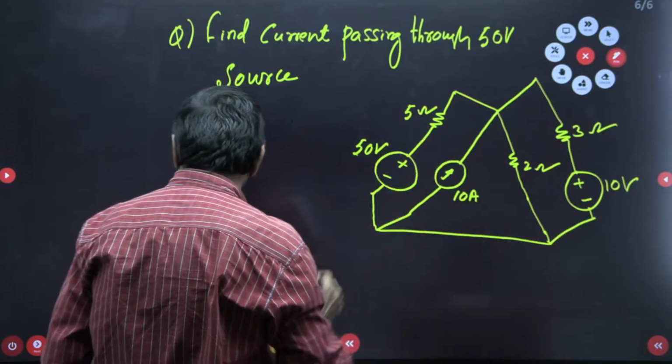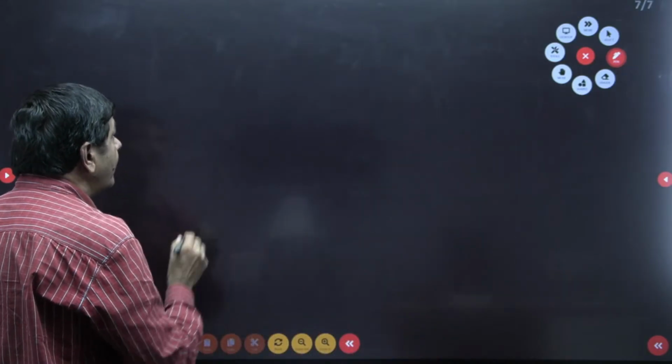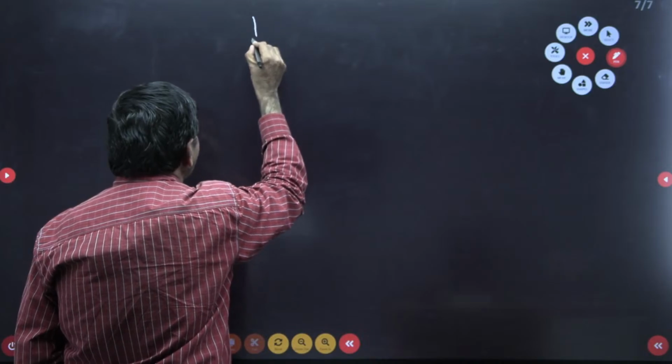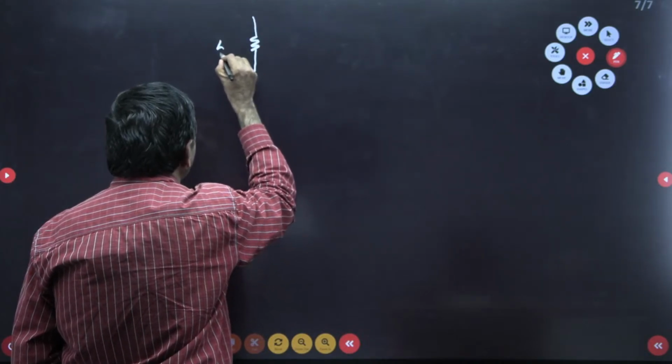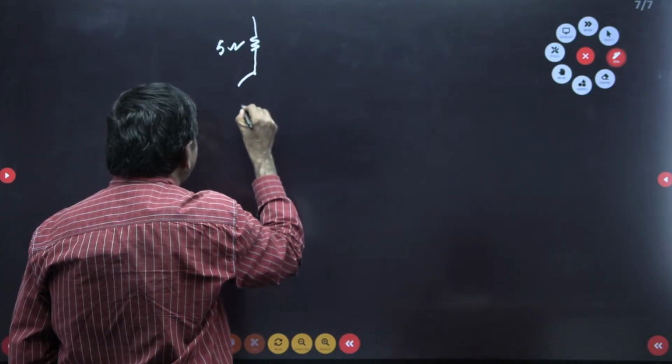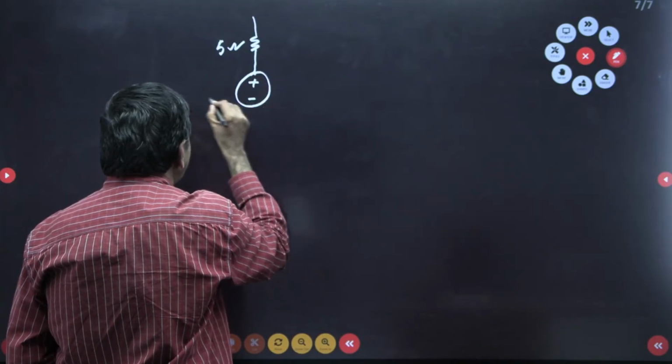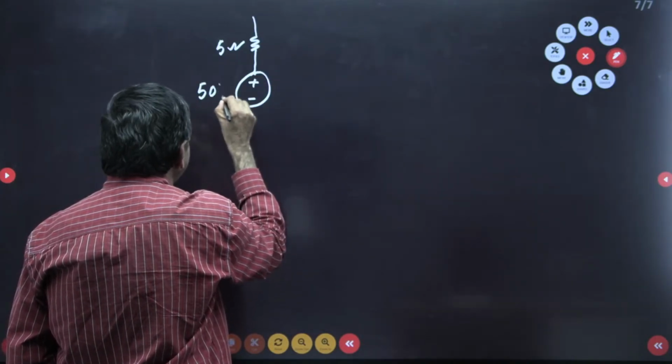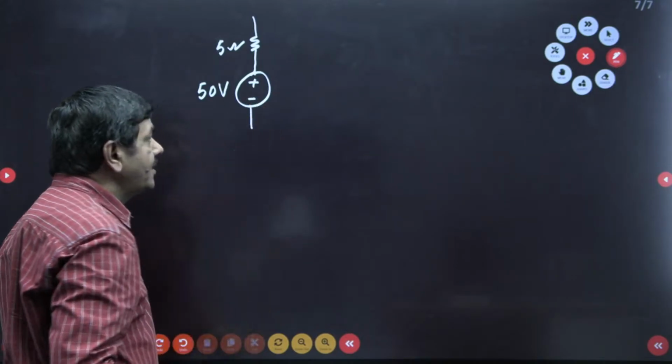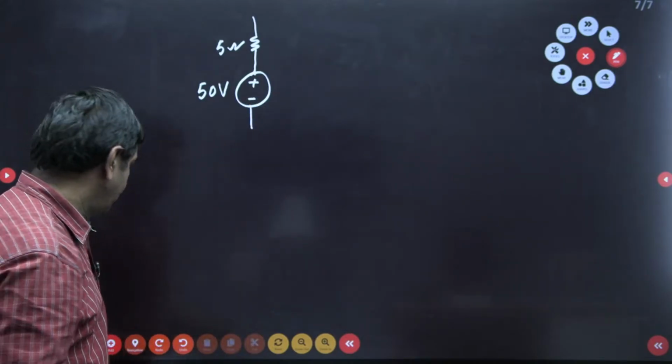The 50 volts and 5 ohms are connected here, plus and minus for the 50 volts, as in the first arrangement of the network.